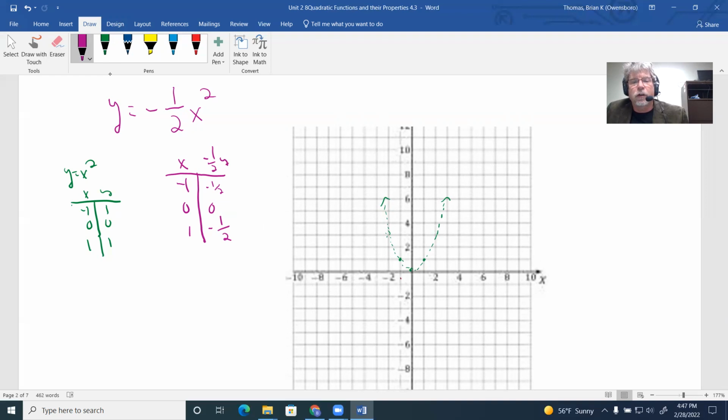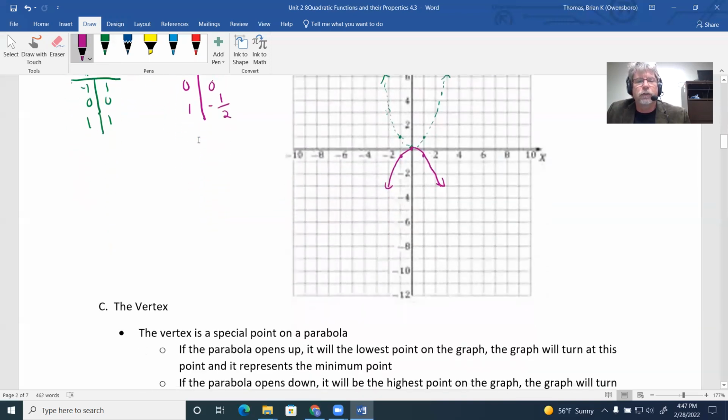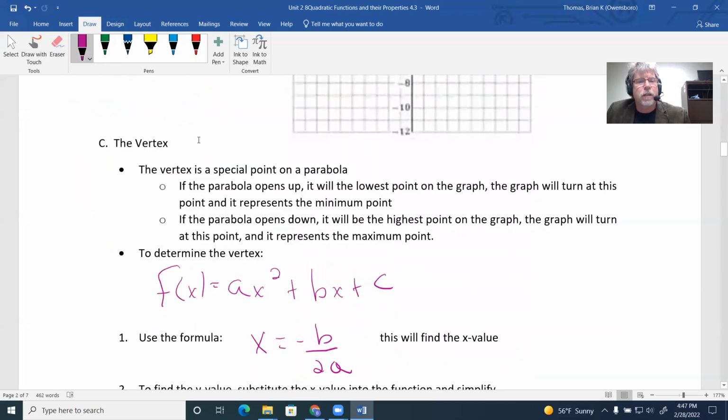This graph is now going down, 0, 0, and then 1 would be -1/2. So notice how this graph is a little bit wider because the points have gotten closer to the x-axis, which compresses it and makes it wider. But the key thing is picking up on the fact that this negative number makes the graph open down, which is one of our pickups on there.